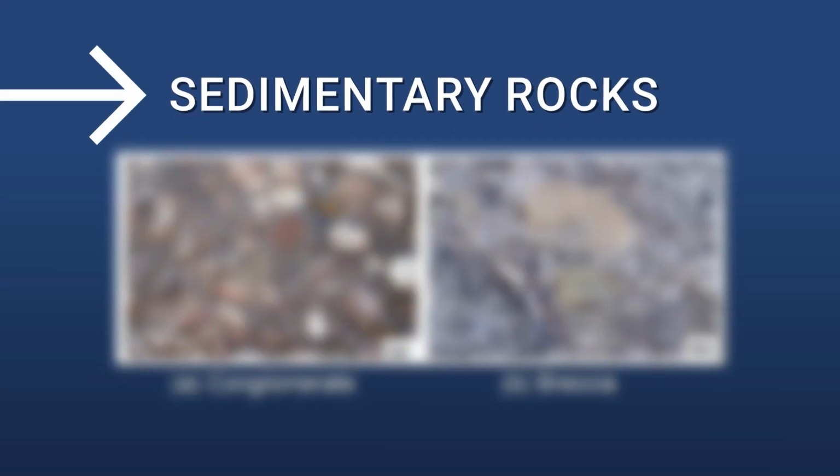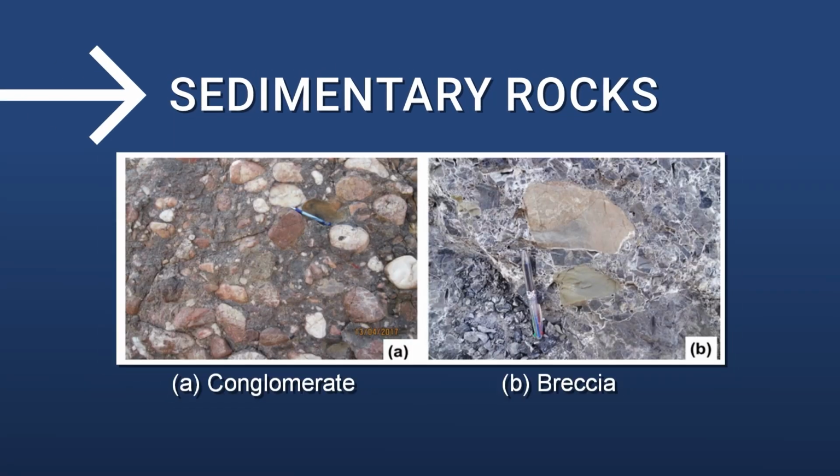The non-clastic limestone is normally formed by chemical or biochemical processes. Then you have different types of sedimentary rocks based on the mineral size and shapes, conglomerate and breccia. In breccia you can have angular fragments, and in conglomerate you will have rounded fragments and they are larger in size.